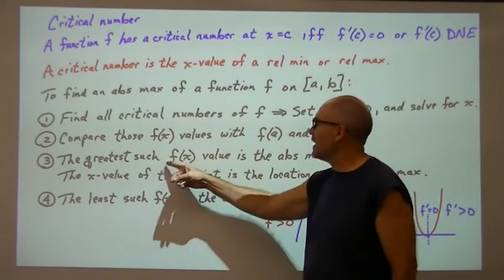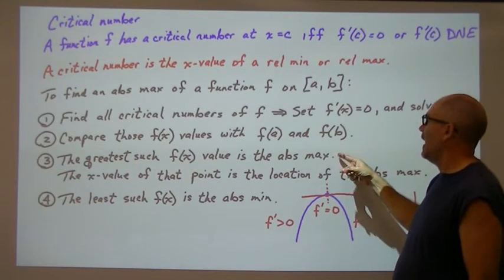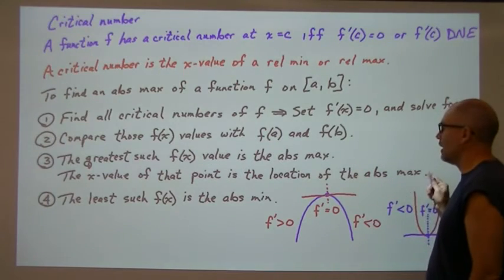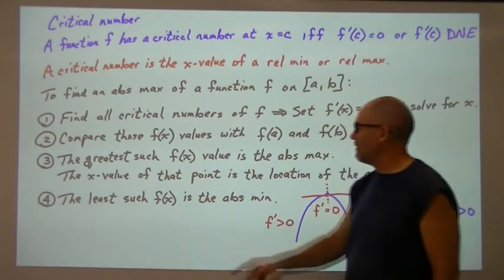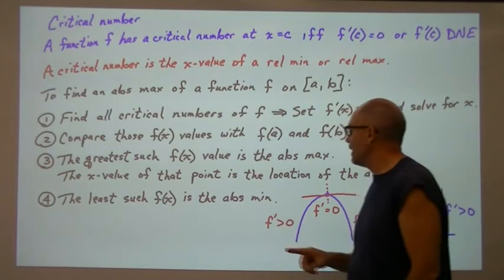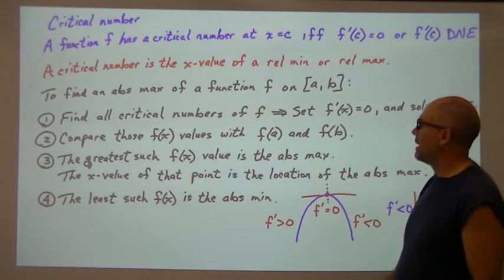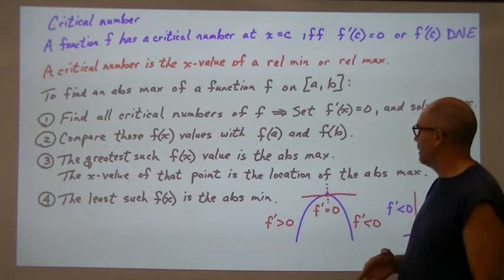So the greatest such f of x value is the absolute max. And the x value of that point is the location of the absolute max. The least of those f of x values is the absolute min, and the x value of that absolute min would be the location of the absolute min.